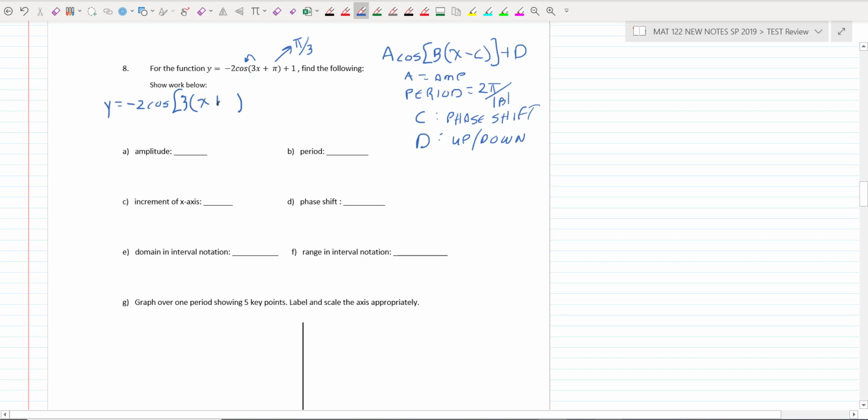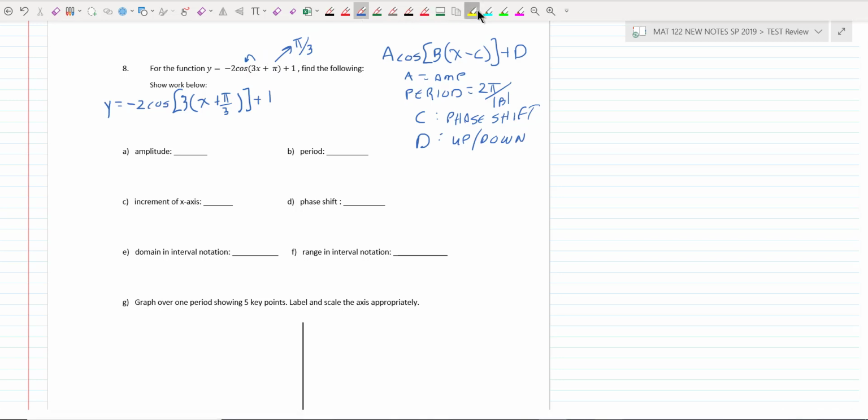So what goes there is pi over 3, like that, and then plus 1. Okay, so we've got that in the standard form. Just be sure when you factor out the number in front of x, all you end up doing is just taking this number divided by that to get pi over 3.